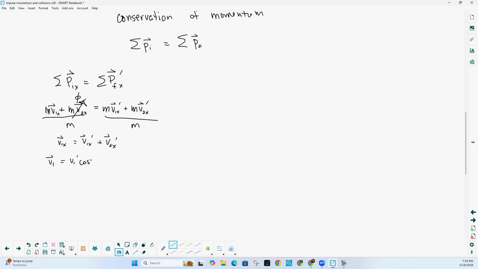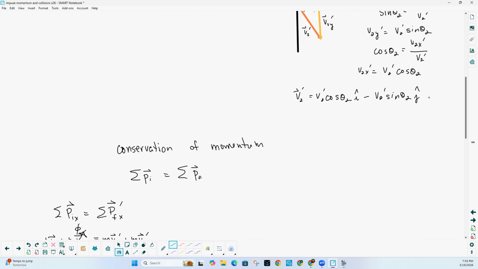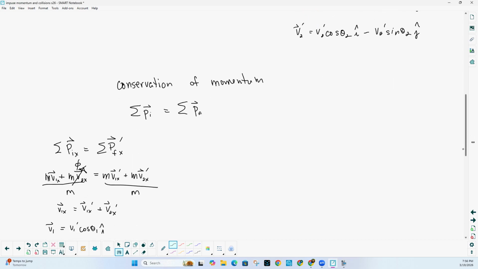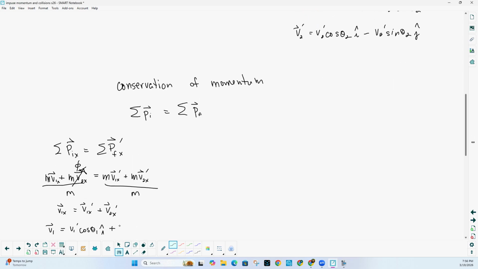So this is going to be cosine theta 1, and I'm going to have to give it a direction, so I'm going to give it i hat. And if we look at the x component of 2, that's right here. Notice that that is v2 prime, so plus v2 prime cosine theta 2, and that's also i hat.